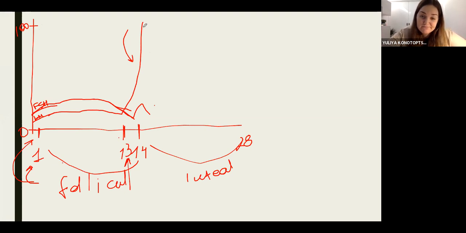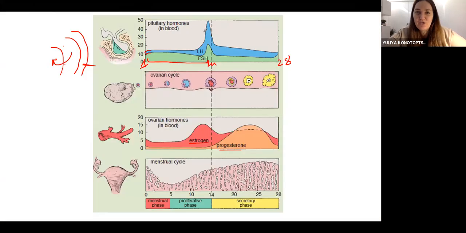The question is why? Why would FSH just rise a bit, but LH would rise a lot? I always like to give this particular analogy because it's quite useful to remember for the rest of your life. If you imagine that LH is fire, estrogen is like oil or, I don't know, benzene for the fire. If you add just a bit of it, the fire will just go ballistic, will just blow up completely.